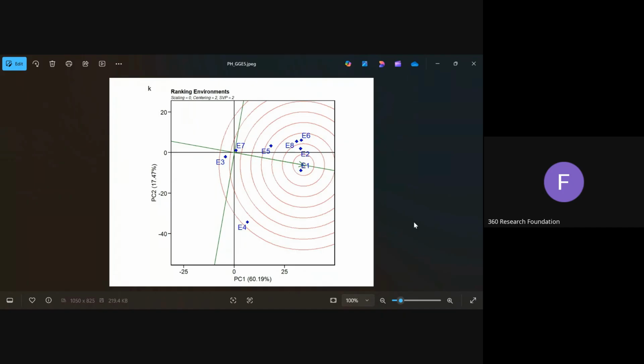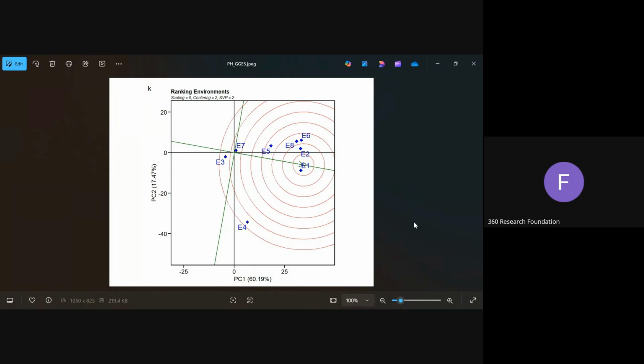Then, apart from these four, now we'll consider the next two. Which are the next two? E5 and E7. They have moderate distance from the ideal environment. Here the ideal is E1, which is close to the center of the concentric circle.